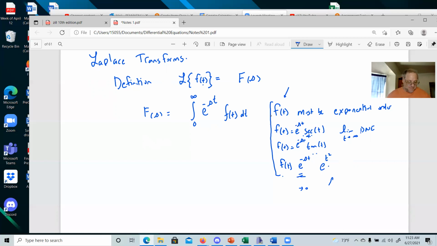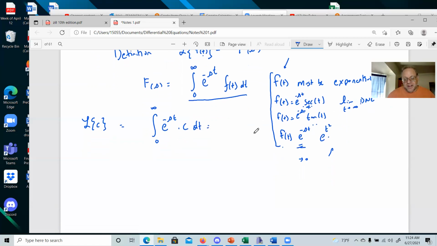But for now, what we're going to do is make sure that we can evaluate this integral. So why don't we look at some examples, and we can see what these look like. If I want to take the Laplace transform of a constant, this is equal to the integral from 0 to infinity of e to the negative st times a constant dt.